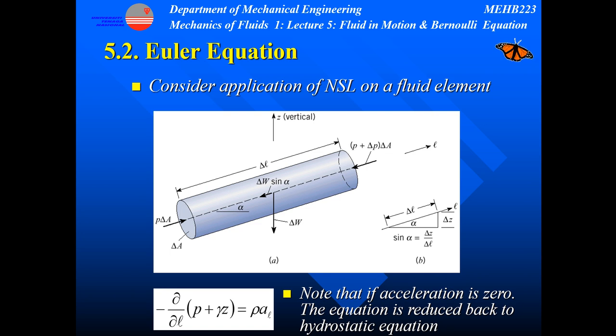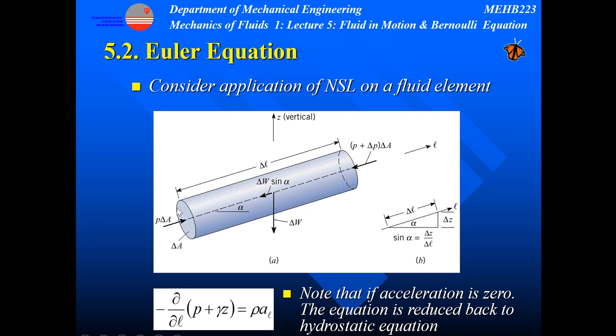So the Euler equation is shown on the slide here. This is the two-dimensional form of the Euler equations of motion. So how do I get this equation? I can show you the derivation.